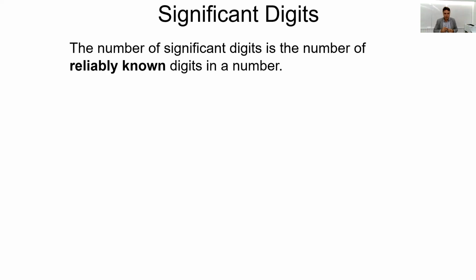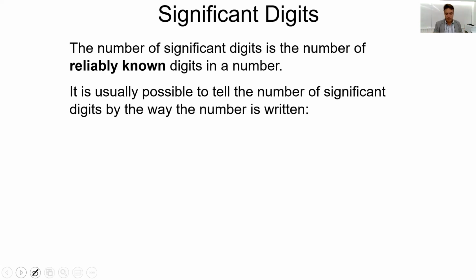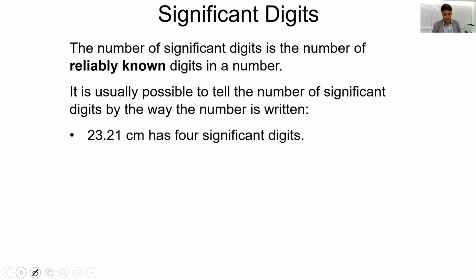Okay. So the number of significant digits is the number of reliably known digits in a number. And it's usually possible to tell the number of significant digits by the way a number is written. Example, 23.21 centimeters. If someone told you the length of something was 23.21 centimeters, then you just count the digits: 1, 2, 3, 4.